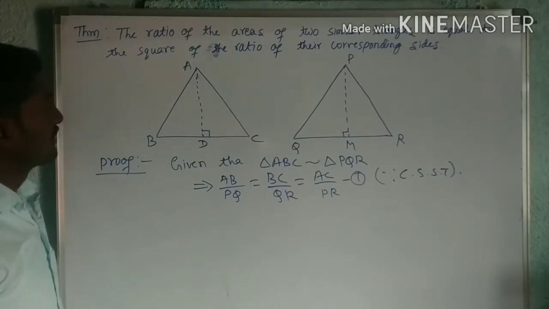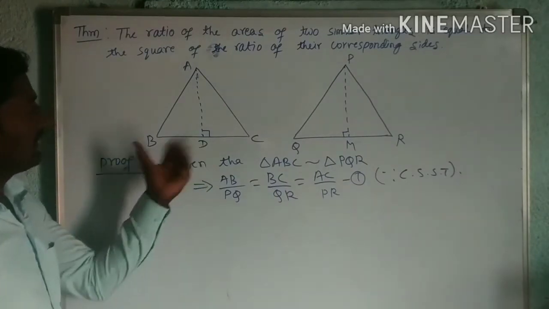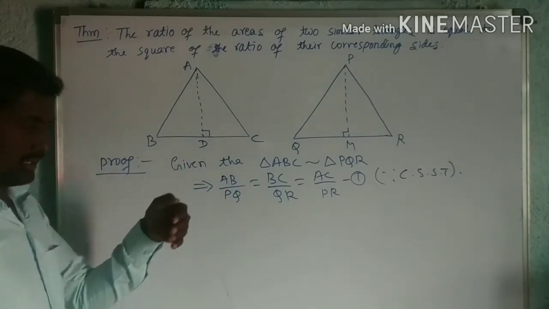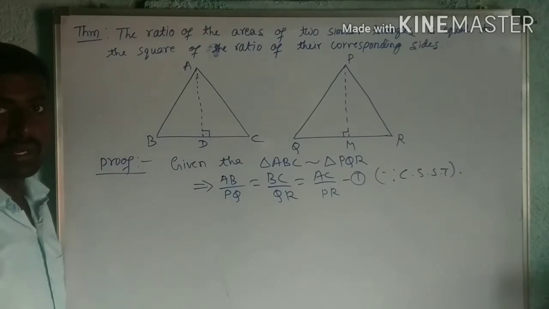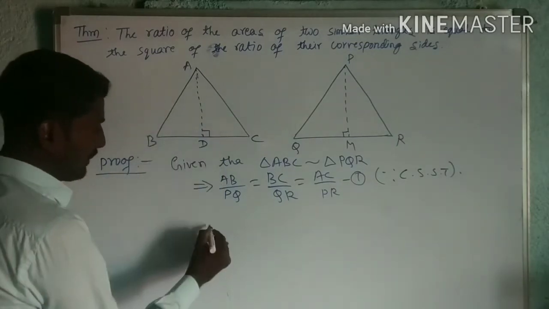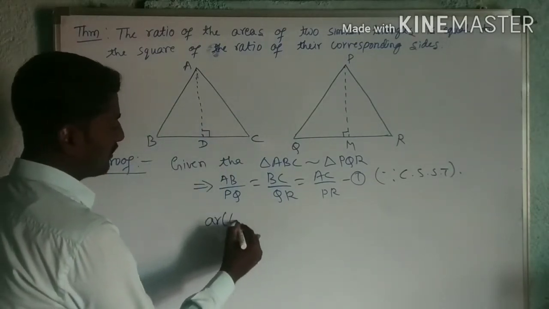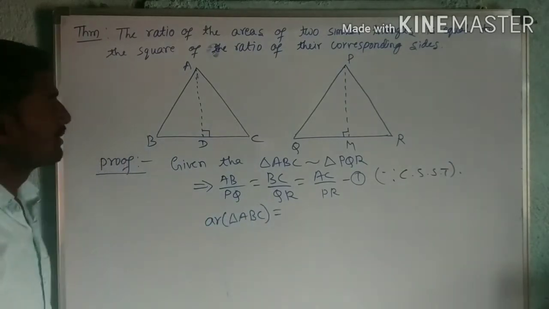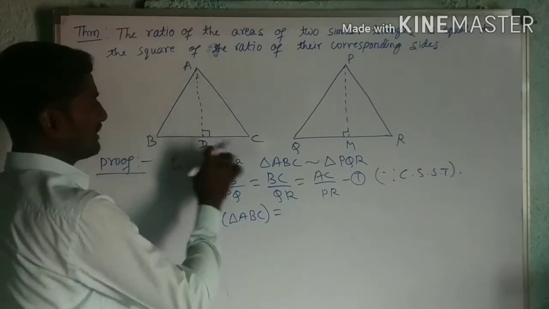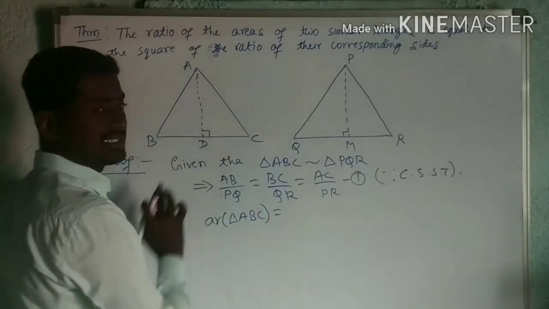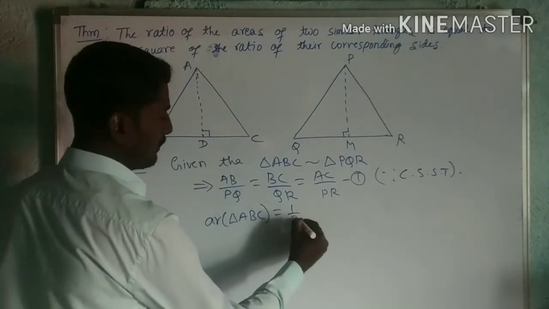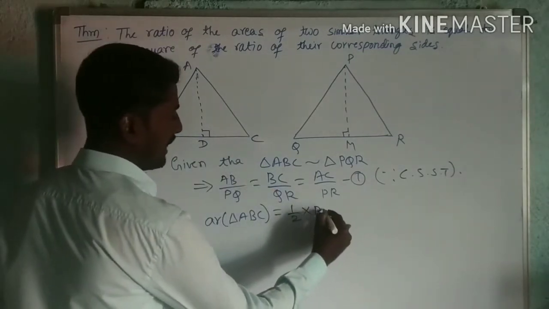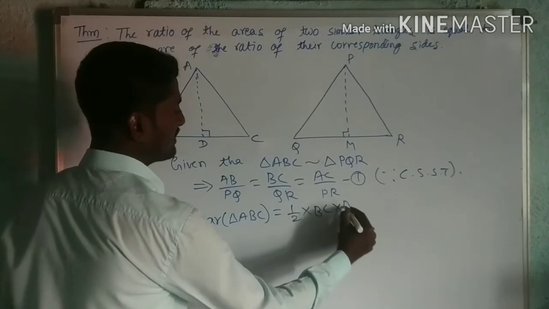Now on the left side I want the area of triangle ABC divided by the area of triangle PQR. Let us apply the formula here. Area of triangle ABC: in this triangle, AD is the altitude, so it is 1 by 2 base into height, the base is BC and the height, that is the altitude, is AD.